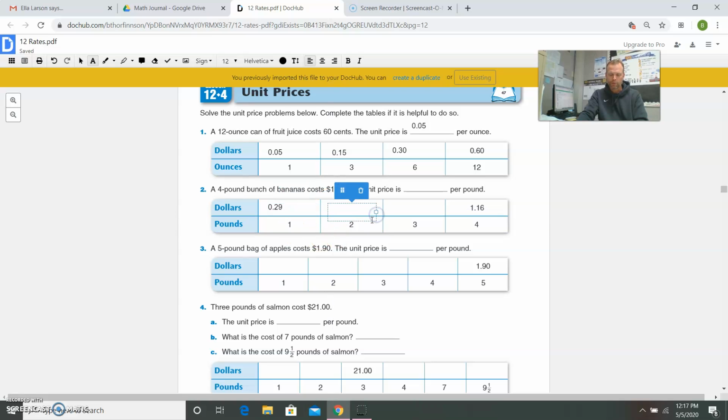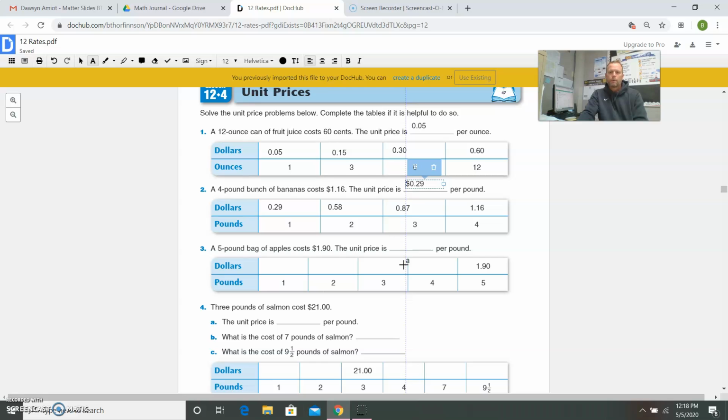Okay, so if we take our 29 cents, we multiply that by 2, we get 58 cents. 3 pounds would cost you 87 cents. And 4 pounds is $1.16. So we come back up here and we put in our unit price. The unit price would be 29 cents per pound, 29 cents per pound.